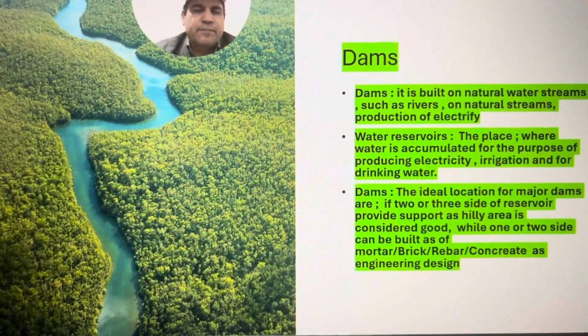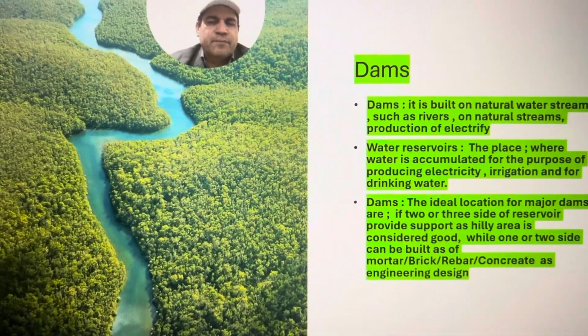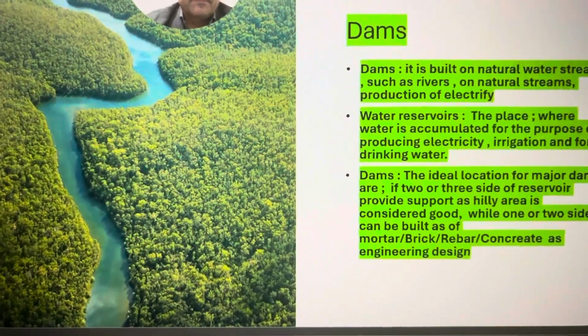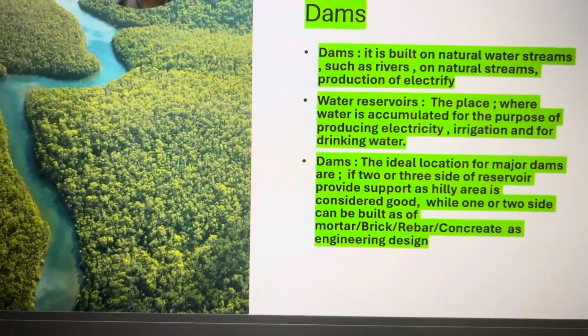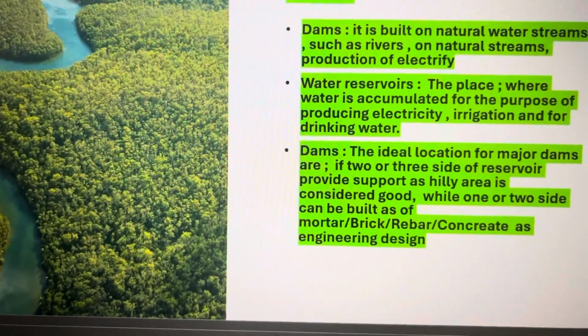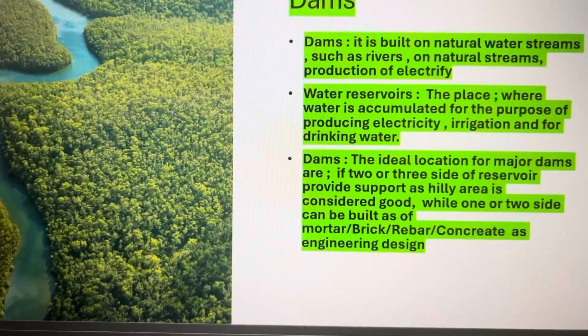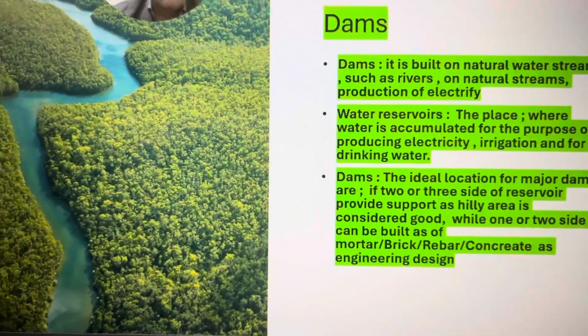That river or stream is ideal, and on one or two sides we build engineering walls for the storage of water, using mortar, bricks, rebar, and concrete as engineering design.